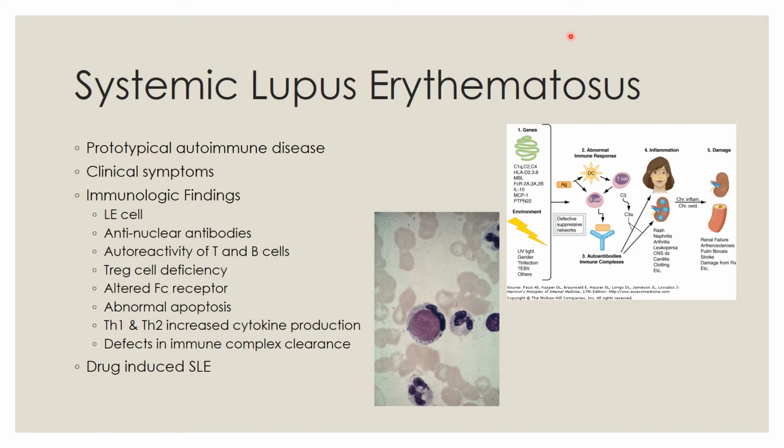One of the reasons why they have trouble removing those immune complexes is their expression of complement receptors and the receptors for the Fc portion of the immunoglobulin, those are all missing. They start to change their complement receptors on those phagocytic cells. So it's almost like you have a built-in thwarting of the immune system in these patients.